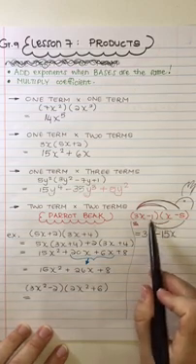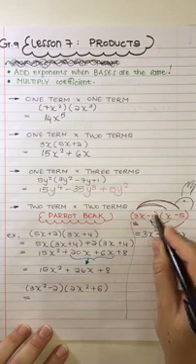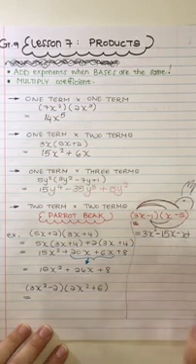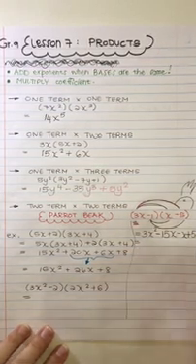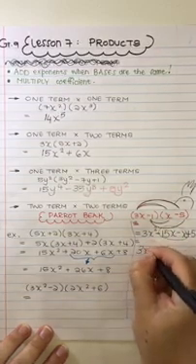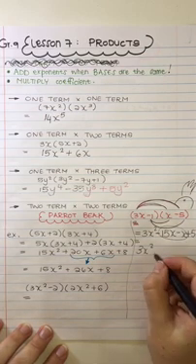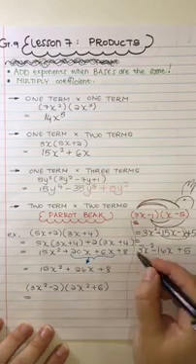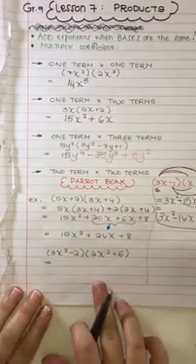And then that will be minus x, and a minus times a minus is a plus, so minus 1 times minus 5 is plus 5. Then we can simplify that further because those two are like terms. So it's 3x squared minus 15x minus x is minus 16x plus 5. You see? Much easier.